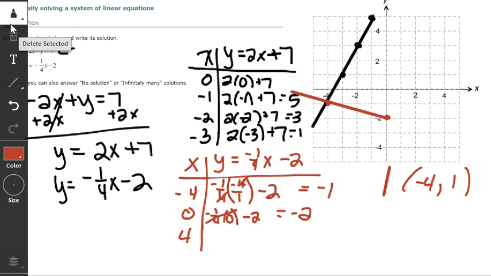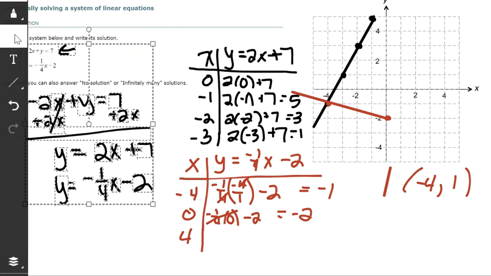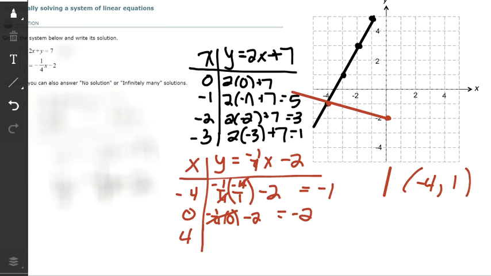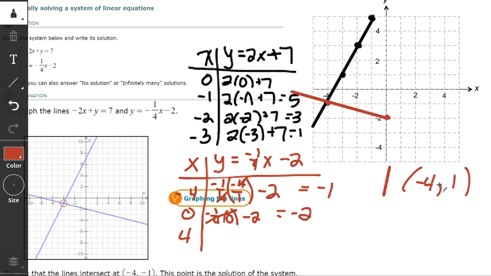And so I'm going to go ahead and give some space right here and show you the worked out solution here. So negative 4, negative 1. Oh, I think I forgot the negative sign. Sorry about that. Negative 4, negative 1 is the solution.